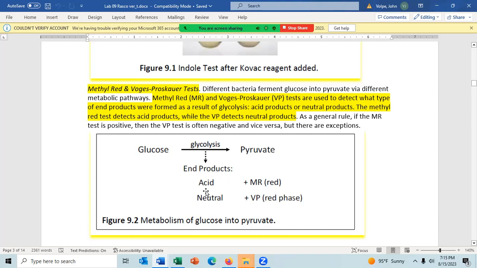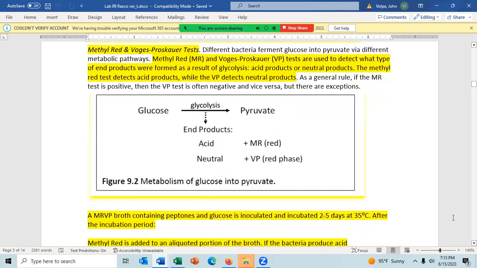If the end products are acid, we can discover that with the MR test, and it'll turn red if acids are present. If neutral end products are made, we can test that with the VP test. And once again, it turns red if it's positive for the VP test. As a general rule, if the MR test is positive, the VP test is negative, and vice versa, but there are some exceptions.